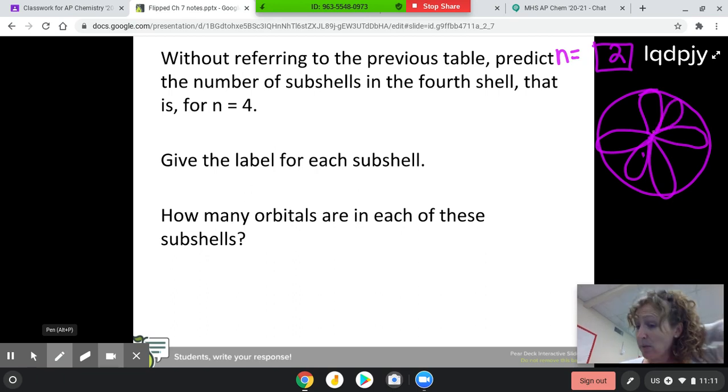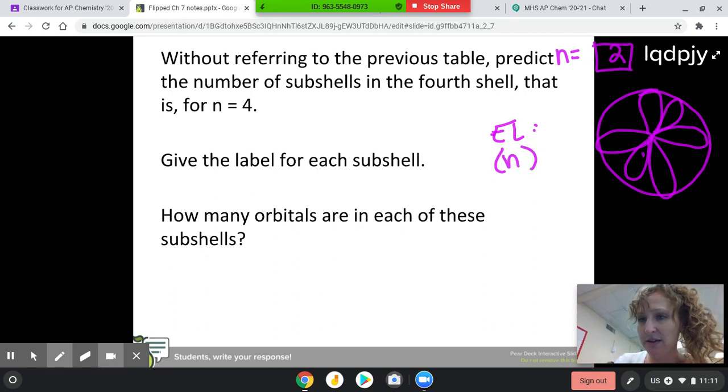So these are areas where I am likely to find an electron, right? And these are all the areas in the 2nd energy level where I am likely to find an electron. That would be an energy level. One complete energy level described by N equals 2.